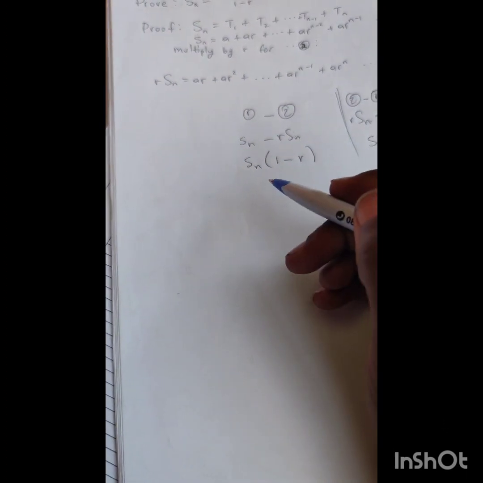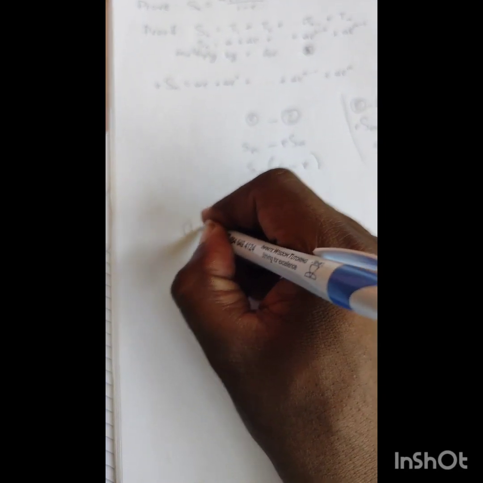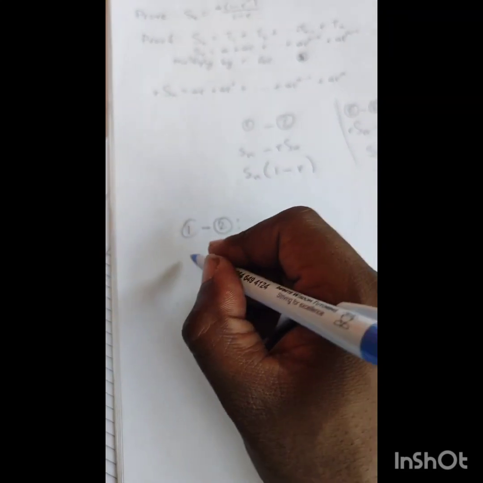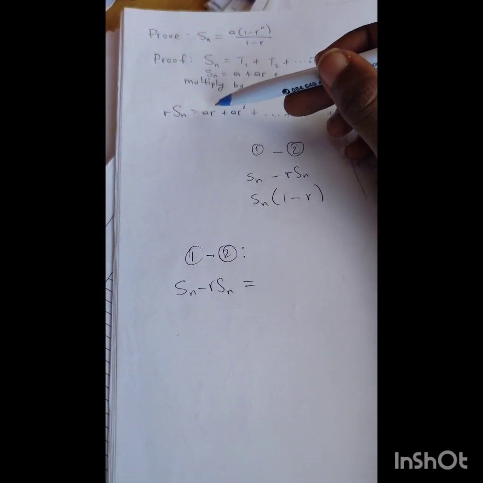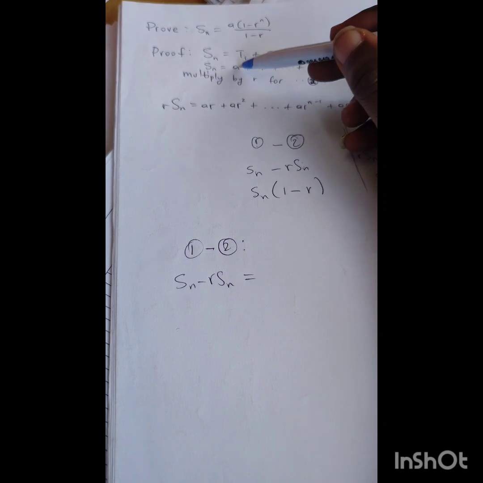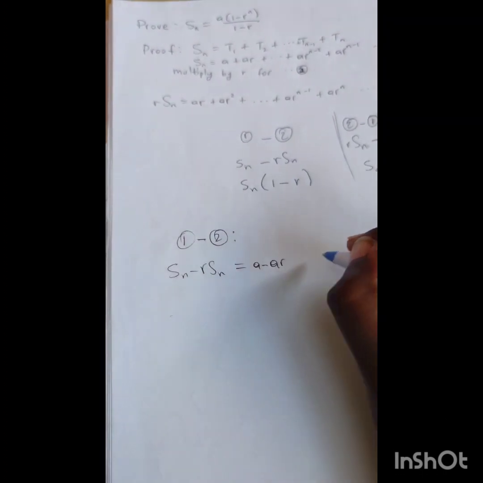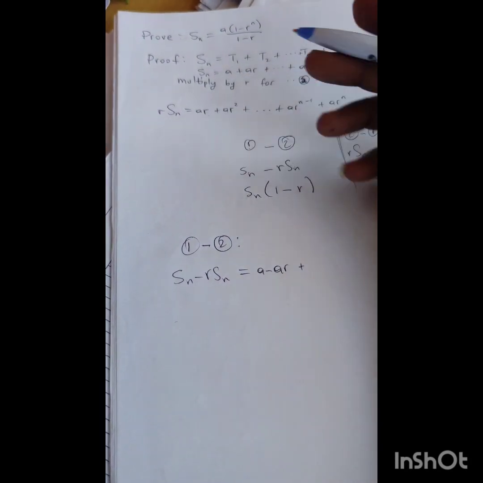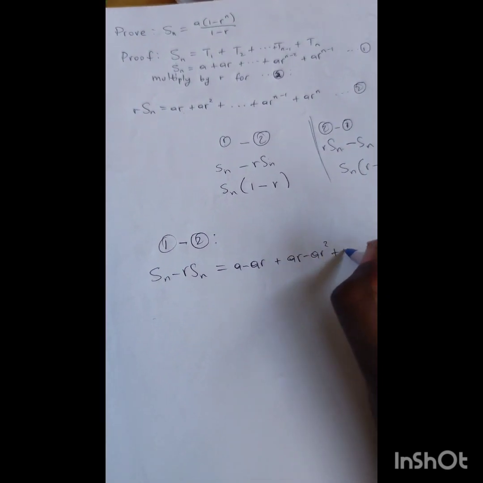So just to continue, we are going to continue with this. So we'll be saying equation 1 minus equation 2. And this is giving us Sn minus RSn is equal to, I'm going to take everything from equation 1, which is A minus AR. So A minus AR plus the other one is AR minus AR squared, and then it continues like that.